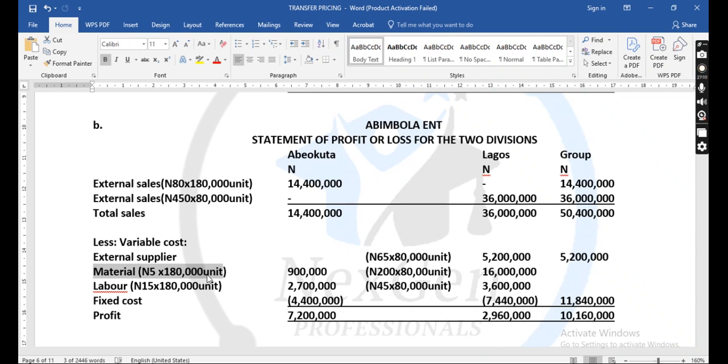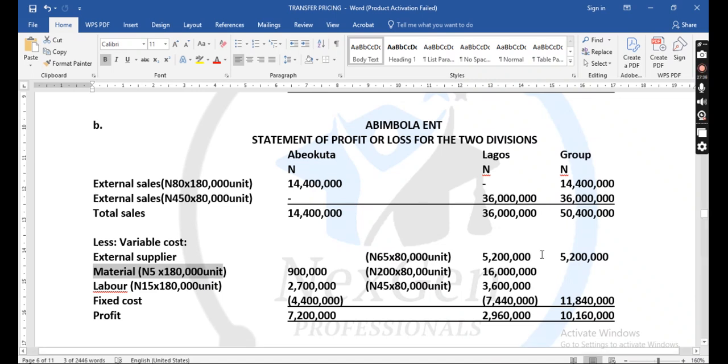Are they going to produce the whole 200 units, or rather produce based on the demand? That is why we decide to use 180,000 units, not because they have the whole capacity to produce 200. You now go and multiply by 5.